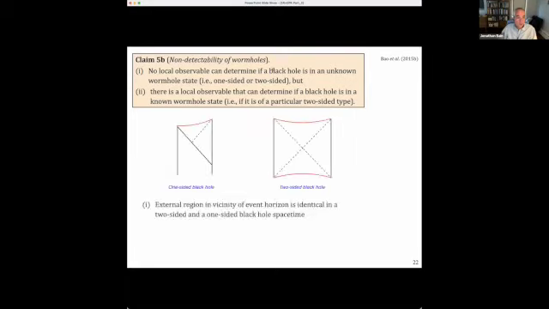So let's consider the first claim. Their idea is the following. Here's their distinction between a one-sided black hole and a two-sided black hole. A one-sided black hole is a black hole that's been produced by the gravitational collapse of some amount of matter. And here's a conformal diagram in which the world line of the collapsing matter is given by this diagonal.